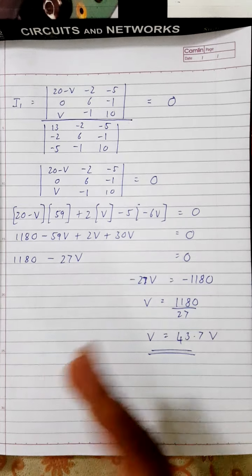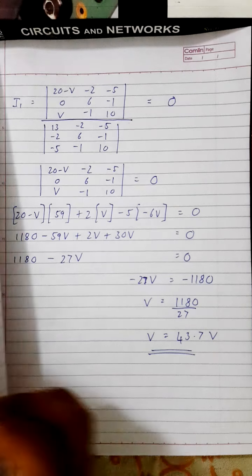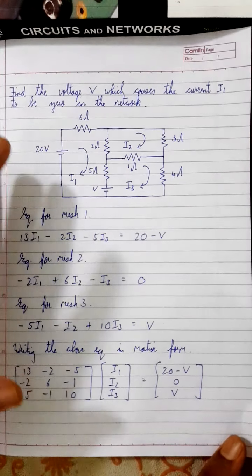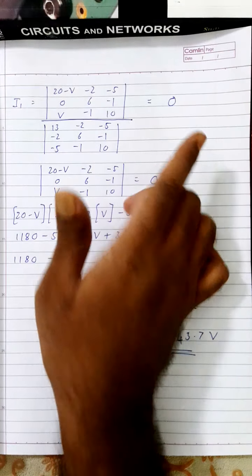So there are different methods of doing this question, right? Here what I did is the normal procedure, how I did the previous problems, and then I equated the value of current I1 to 0, right?